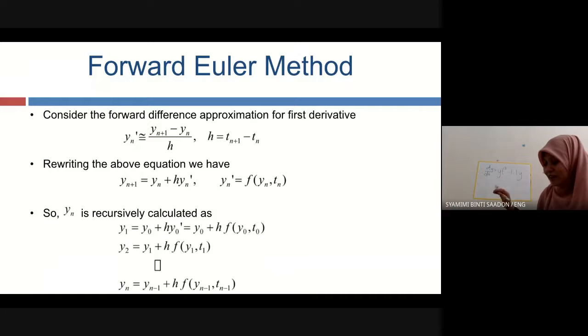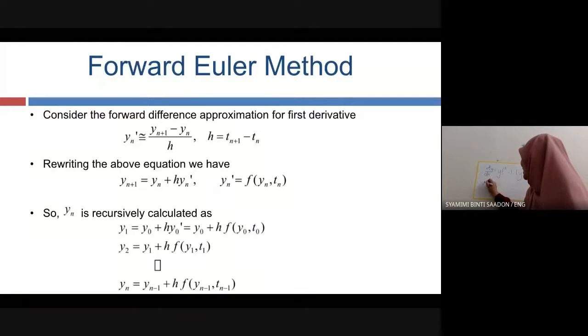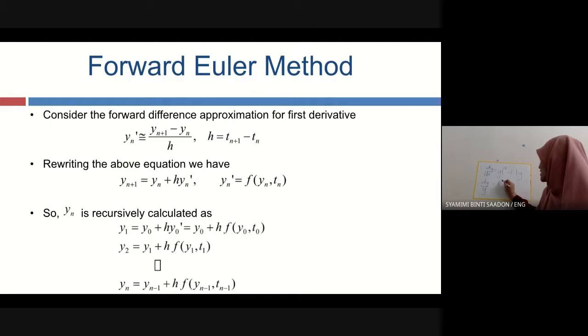So we will arrange it so that all y's will be on the left, dy over y. And on the right, t square minus 1.1, and dt over there. So we have dt.